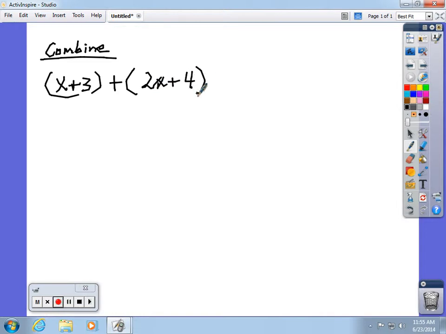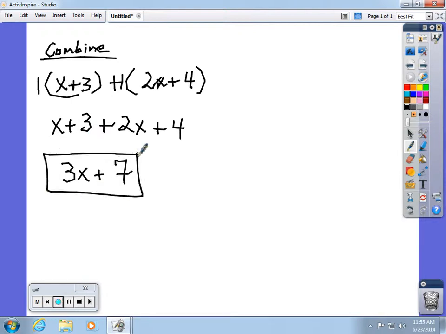We distributed the positive 1 here and the positive 1 here, and then we got x plus 3 plus 2x plus 4. And then what do we do? x plus 2x is 3x, and 3 plus 4 is 7. And that was our answer. That's what you did in pre-algebra and algebra 1, right?